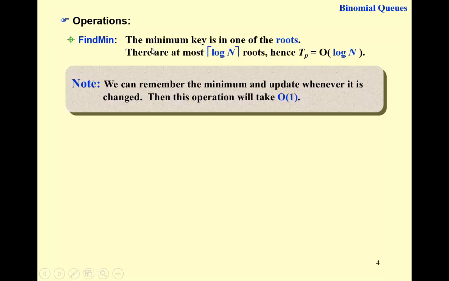So anytime your user asks you to find min, you just return that minimum key. However, I don't think it actually matters, because in most of the applications that will require us to use a priority queue, the most commonly used operation must be delete min, right?